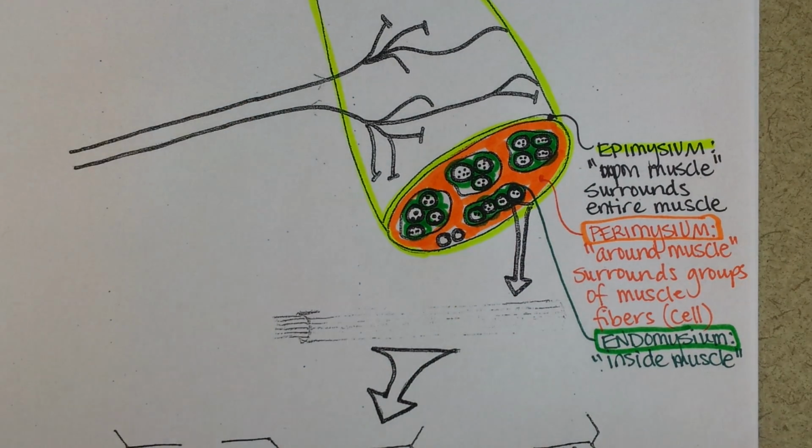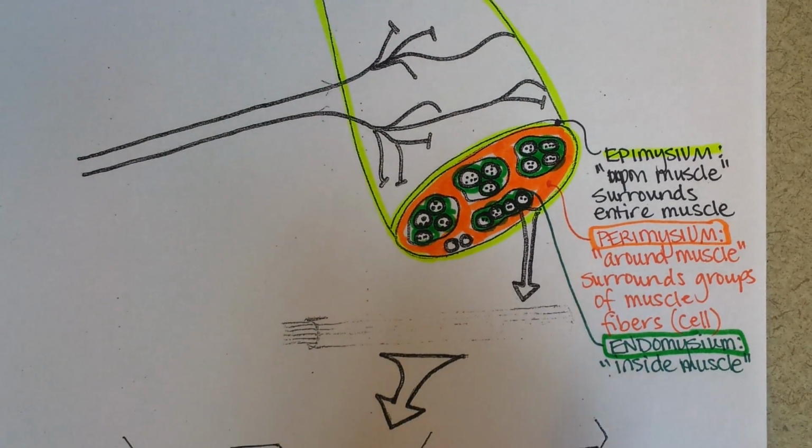And in every muscle you have fast twitch fibers and slow twitch fibers. And what that means is some of the muscle fibers respond with powerful and quick contraction, and others have a slower but longer lasting contraction. And these groups of muscle fibers are called fascicles.